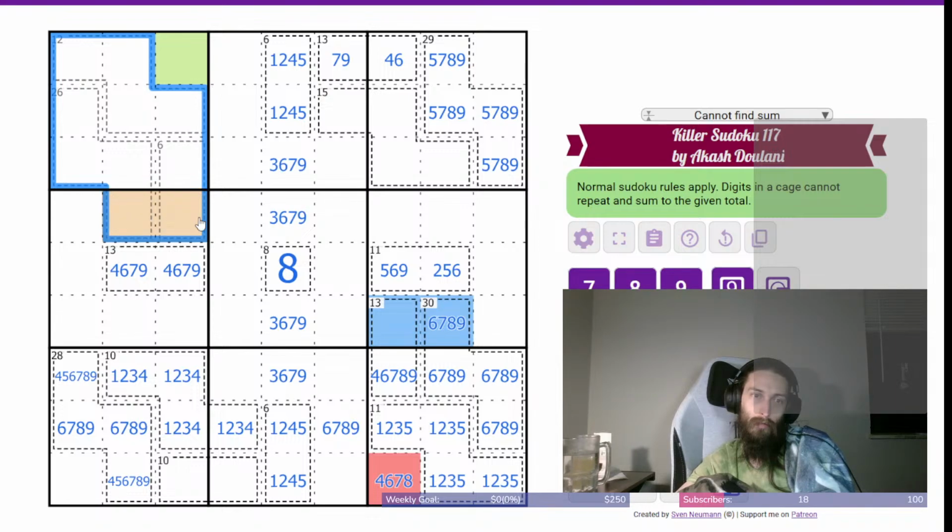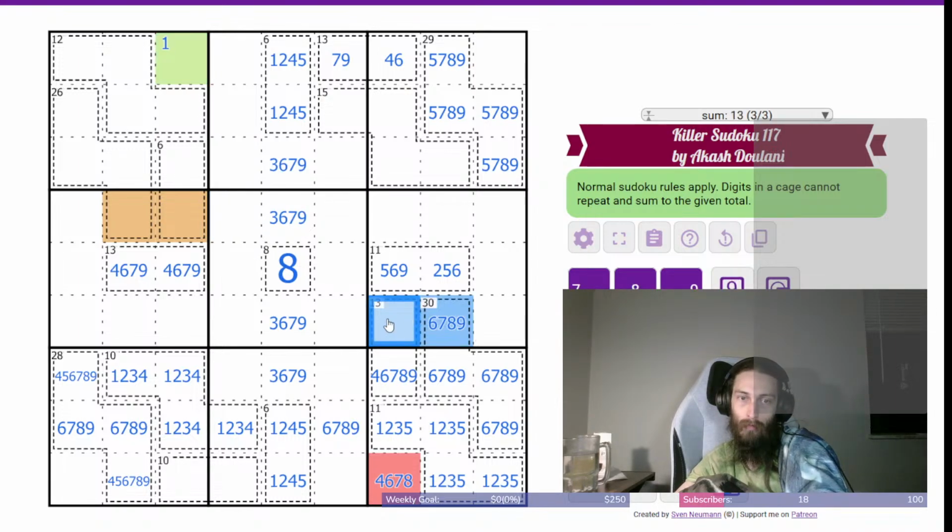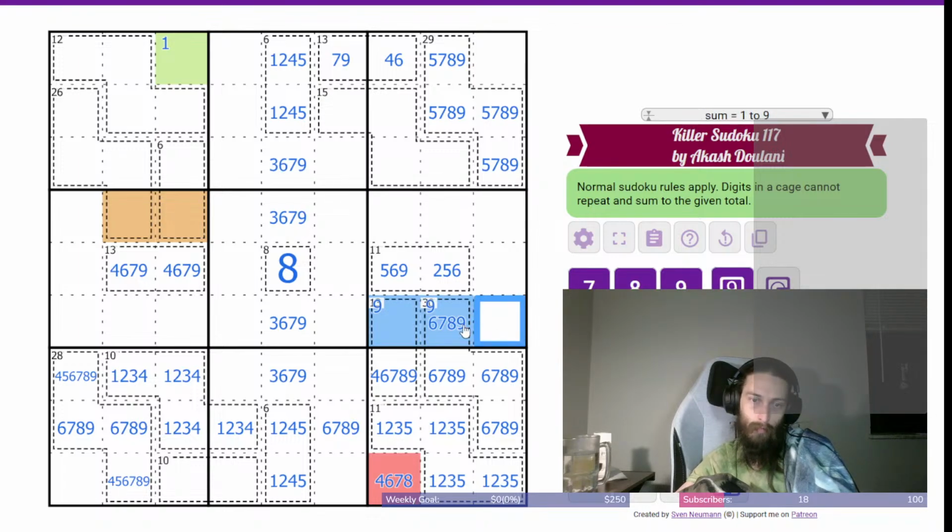So 45 minus 44, green is 1 more than orange. Right. If that's going to be a useful mark. So yeah, 28, 38, 48. So box 7 is 3 less than those two.